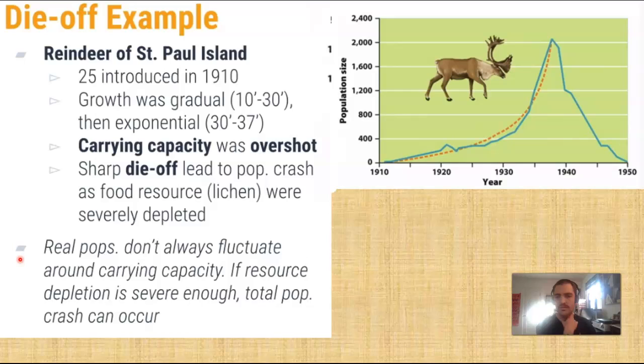So if the resources are depleted severely enough, then a total population crash can happen. In this case, they were introduced to this new island and they spiked up, and then their resources were depleted too much, and they went all the way down to 8. And then they adapted to digging up grasses in the winter, luckily, and so now there are 400 today. They were lucky to bounce back. So their carrying capacity is now around 400.